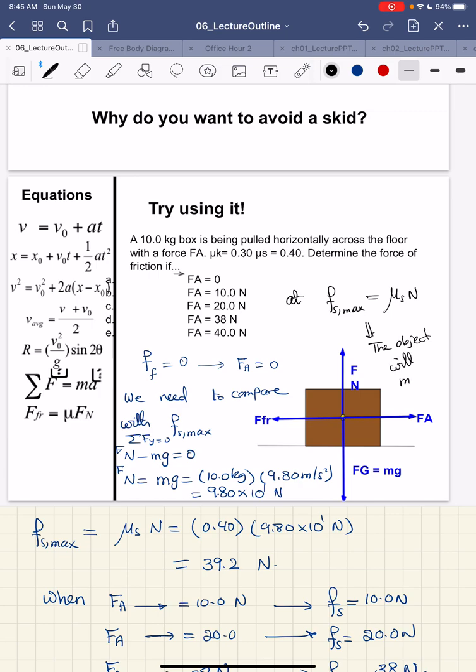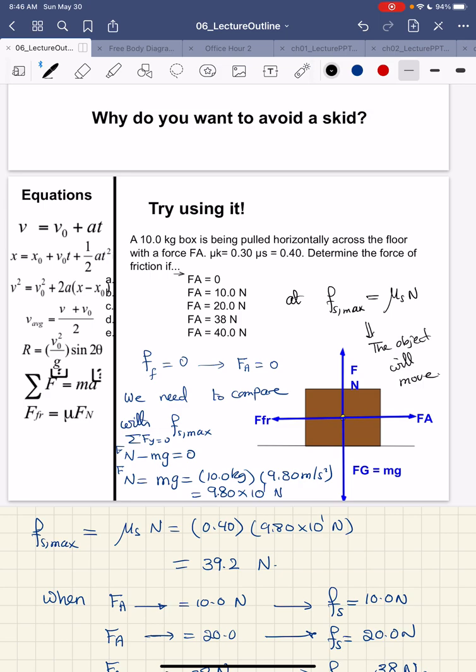Before that, the object is not in motion. I will first calculate the normal force to find my Fs maximum, and then I can apply sigma Fy equals Fn minus mg equals 0.